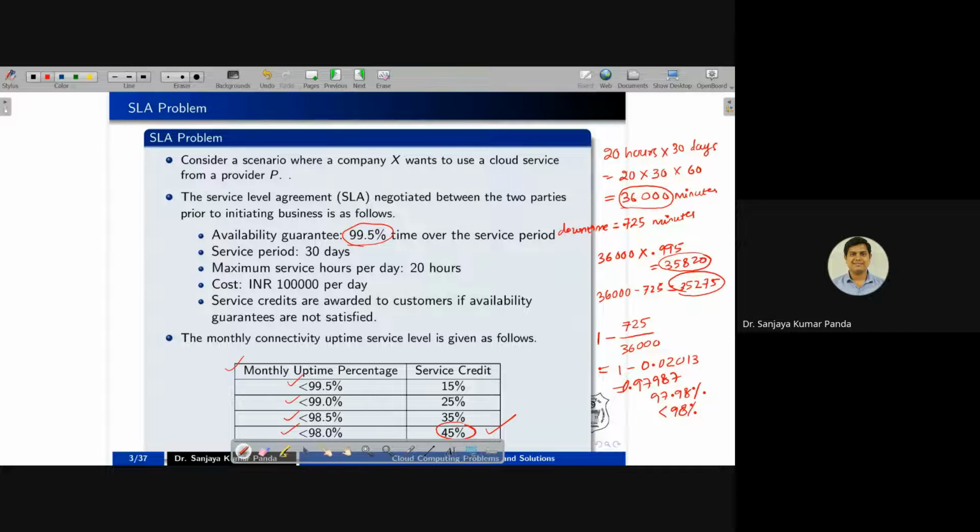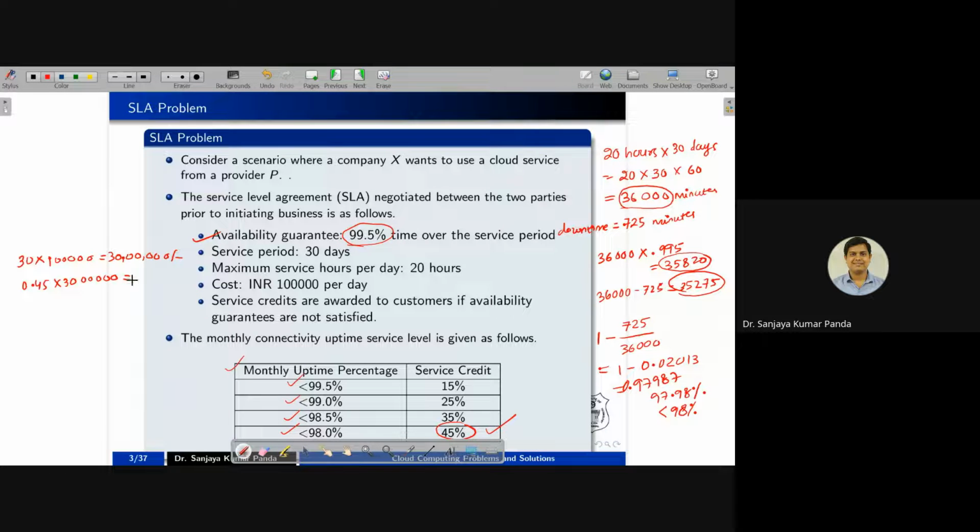So how much do we have to pay if there is usual service? 30 days, at 1 lakh per day, so you will get 30 lakhs. This much we have to pay if the guarantee is satisfied. But it is not satisfied. So the service credit is 45%, so 0.45 of 30 lakhs.